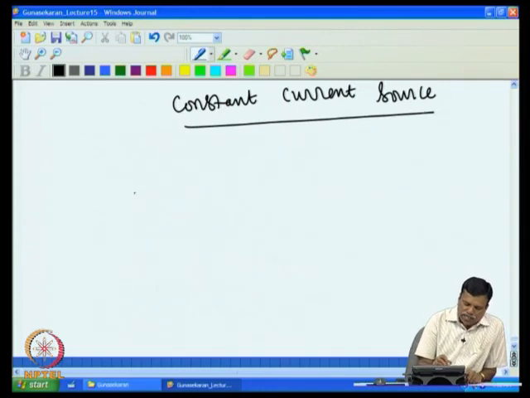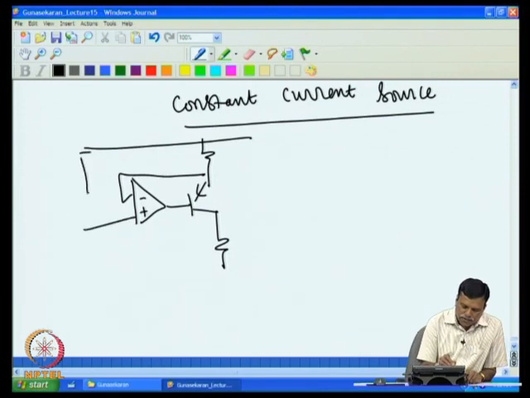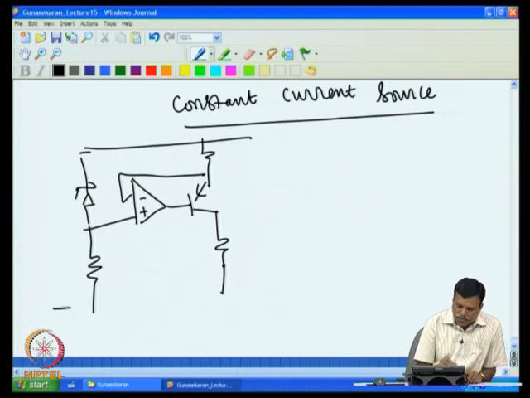So one of them we already saw, the constant current source. For example, we have this is ground, this is plus 15.